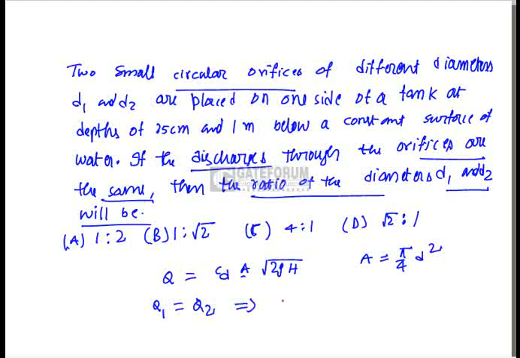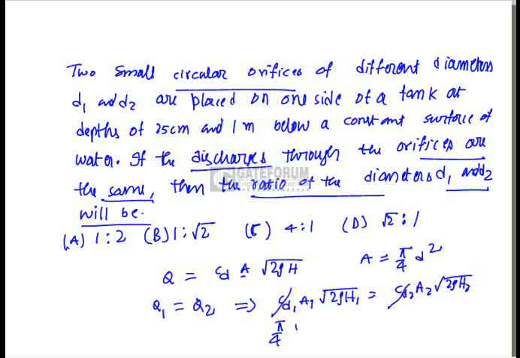That implies CD1 into A1 into root 2gH1 is equal to CD2 into A2 into root 2gH2. CD1 and CD2 are the same.